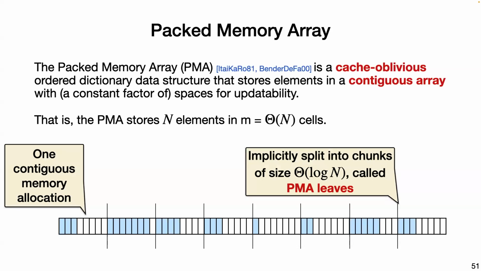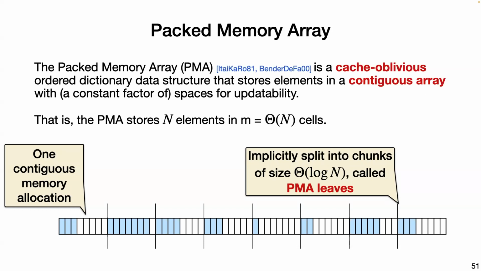But with these empty spaces, you only have to shift some amount of stuff down, bounded by how full the blocks are. If you have n elements, then you store m is theta n cells in one giant memory allocation, implicitly split into chunks of size log n. Those chunks of size log n are called PMA leaves.